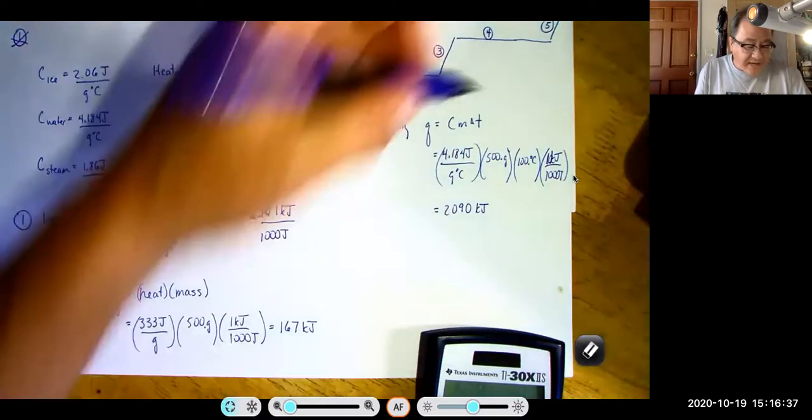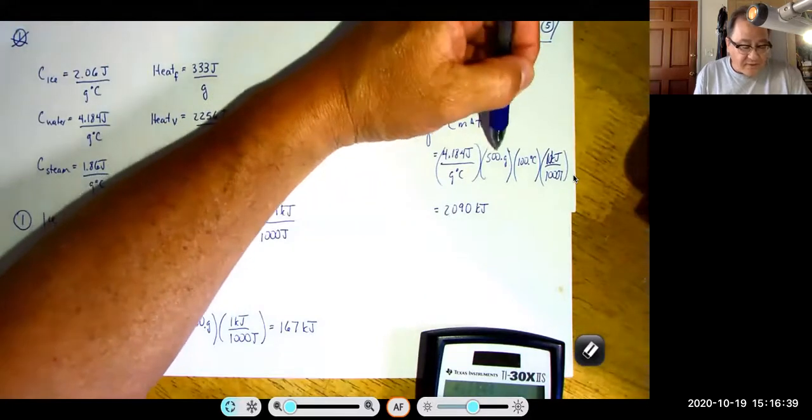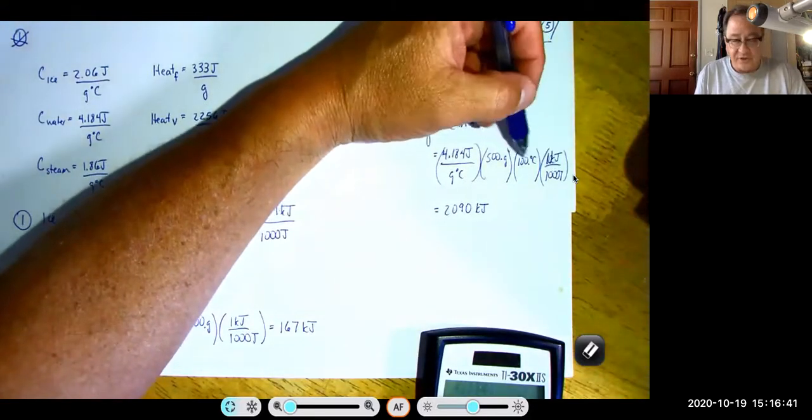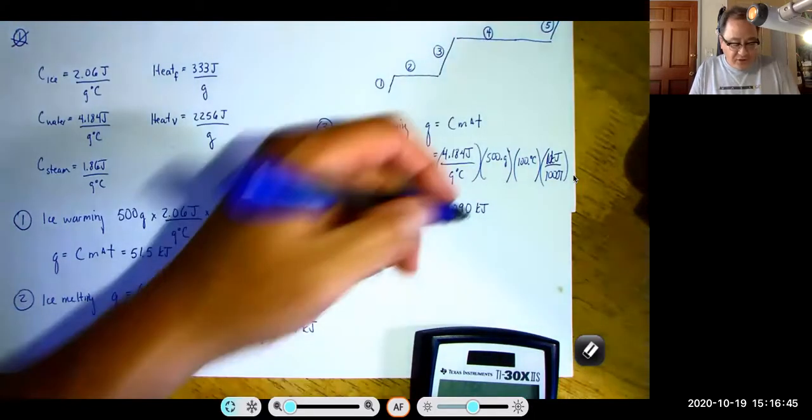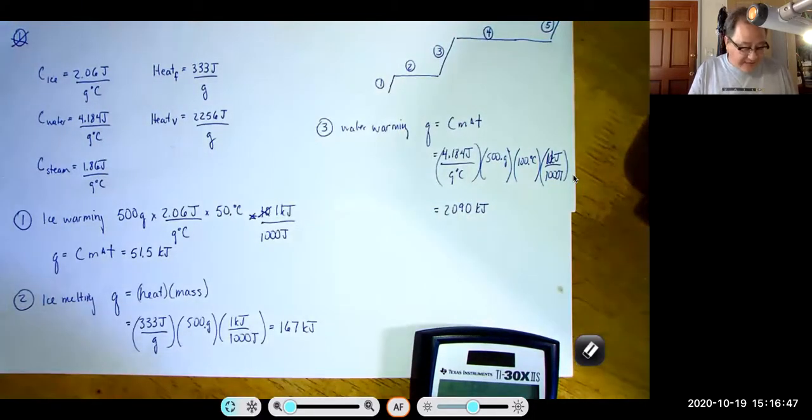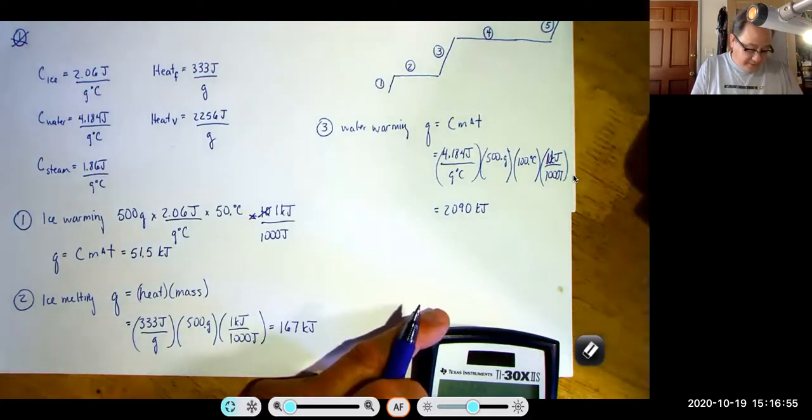See, 4 times that is 2,000. 2,000 divided by 1,000 is 2. 2 times 100 is 200. So clearly when I got 2,090, I did something wrong. It probably should be more like 209. So let me try this again. Times 500 times 100 divided by 1,000.